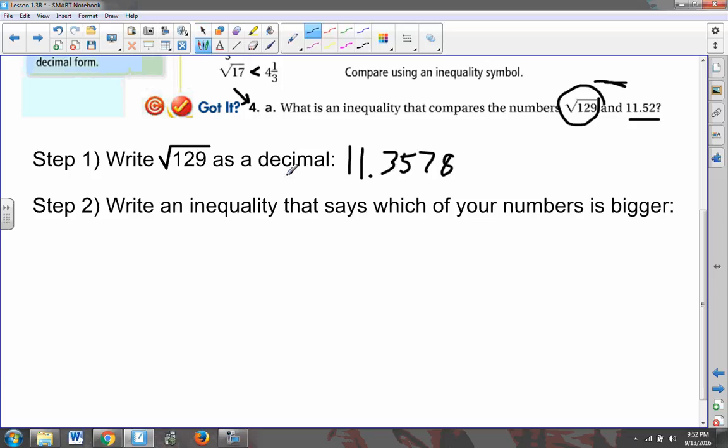So I'm going to write this inequality by saying square root of 129, and then 11.52, and I want my alligator to eat the bigger cookie, so I'm going to open it up this way to eat the 11.52 because that's the bigger one. Okay, so 11.52 is bigger than the square root of 129, which is 11.35.